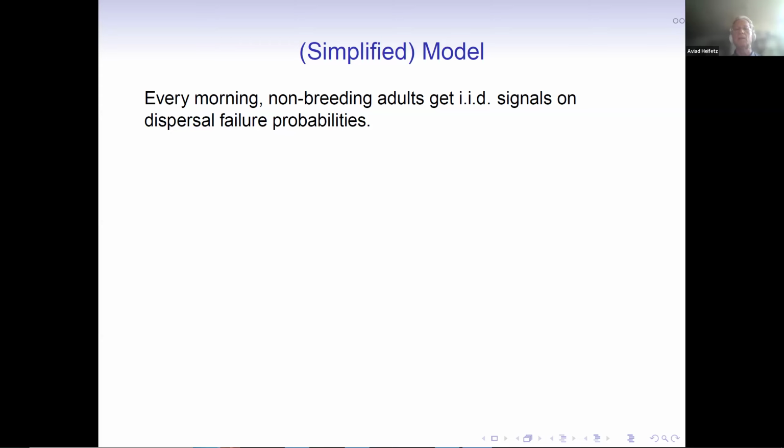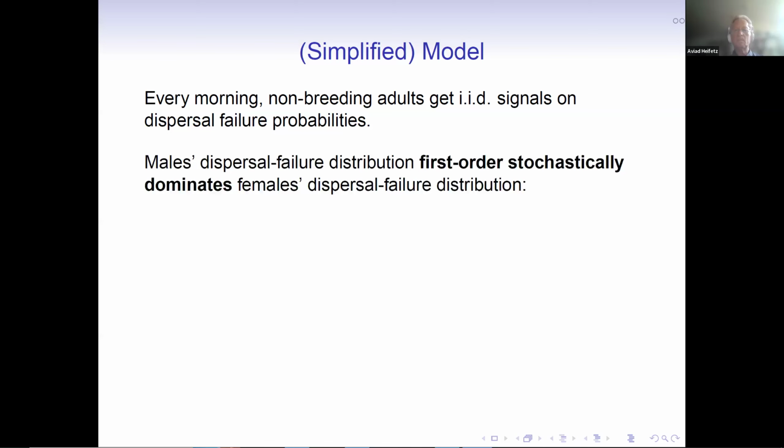They get a signal: if they take their best shot today, what is the chance that they fail? Fail means either I perish on the way to the target group, or I reach the target group but don't manage to join, or somehow I manage to join, but then the females there don't want me. This is my failure probability.